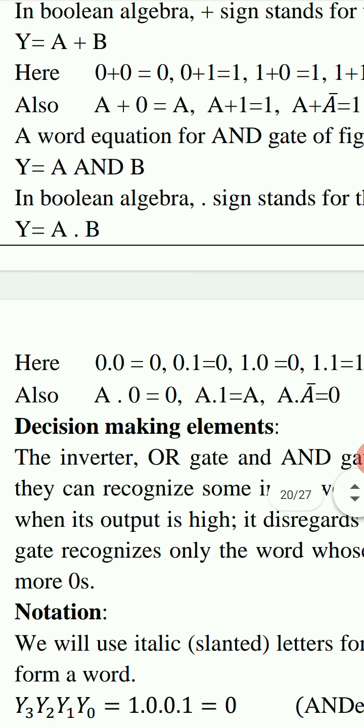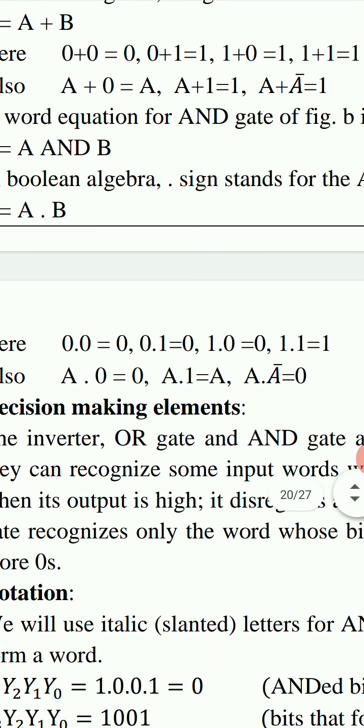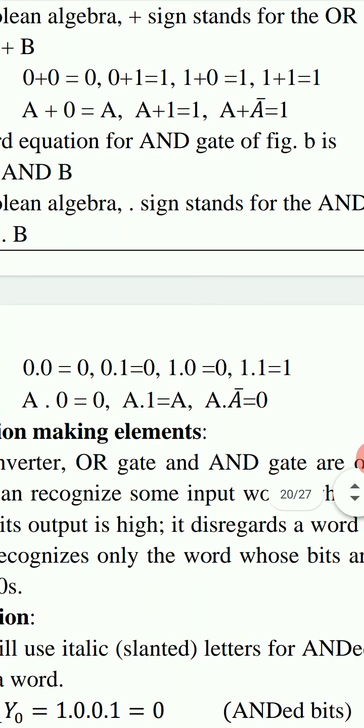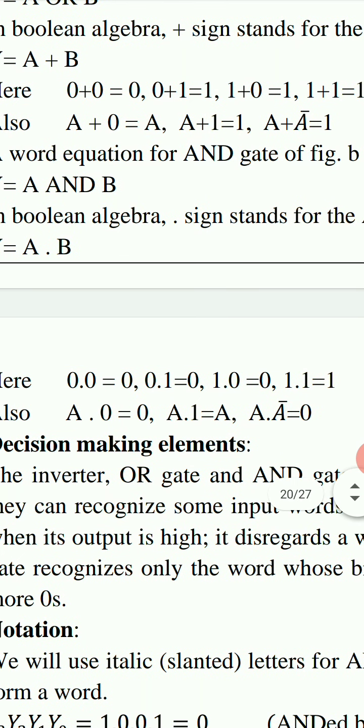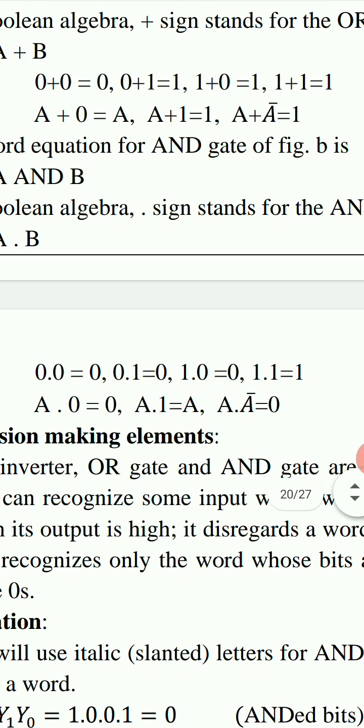We must remember all these results. 0 plus 0 is equal to 0, 0 plus 1 equal to 1, 1 plus 0 equal to 1, 1 plus 1 equal to 1. These are from truth table of OR gate, and we must remember these relations. A plus 0 equal to A, A plus 1 equal to 1 and A plus A bar equal to 1.